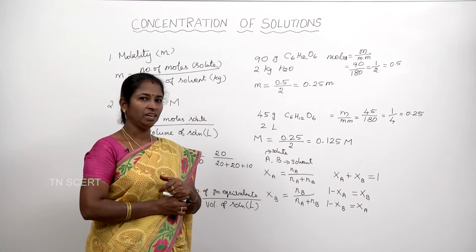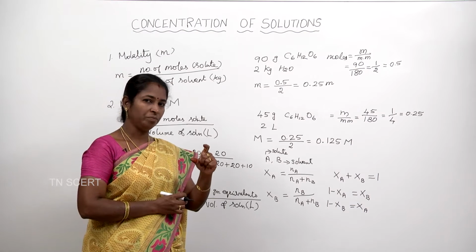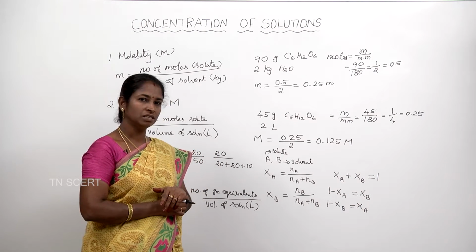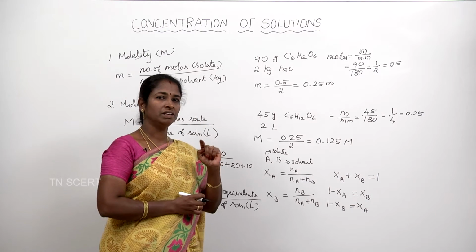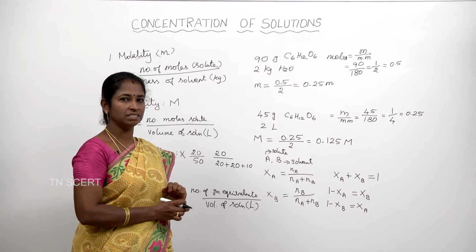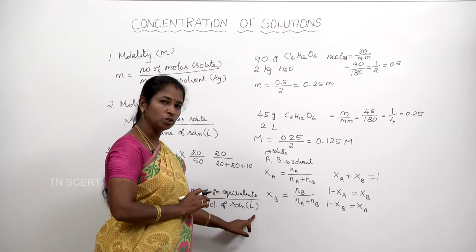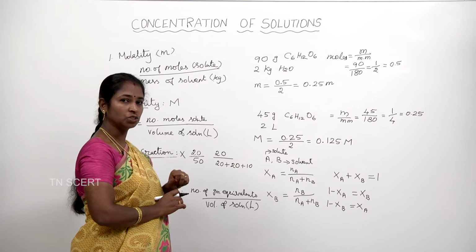The mass of the solute divided by the equivalent mass will give you the number of gram equivalents. The number of gram equivalents divided by the volume of the solution in liter will give you the normality of the solution.